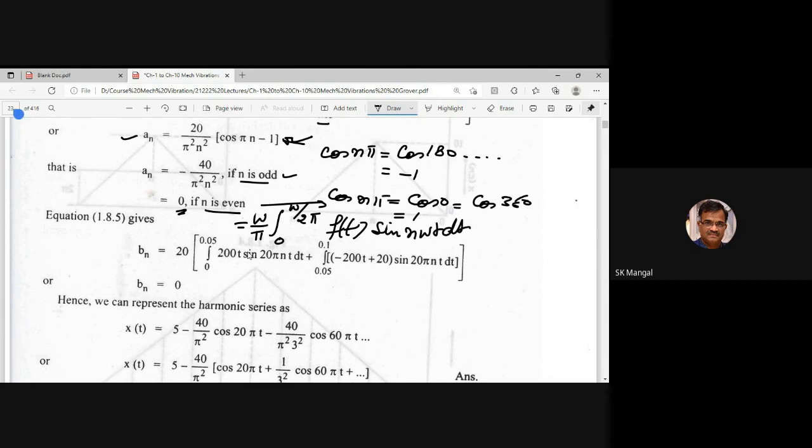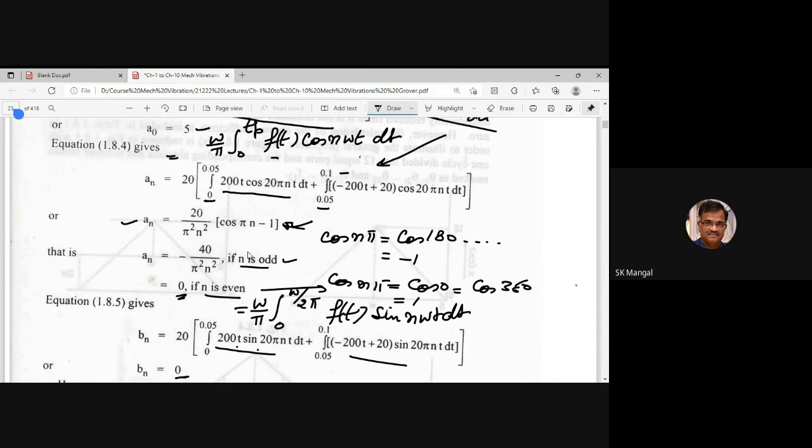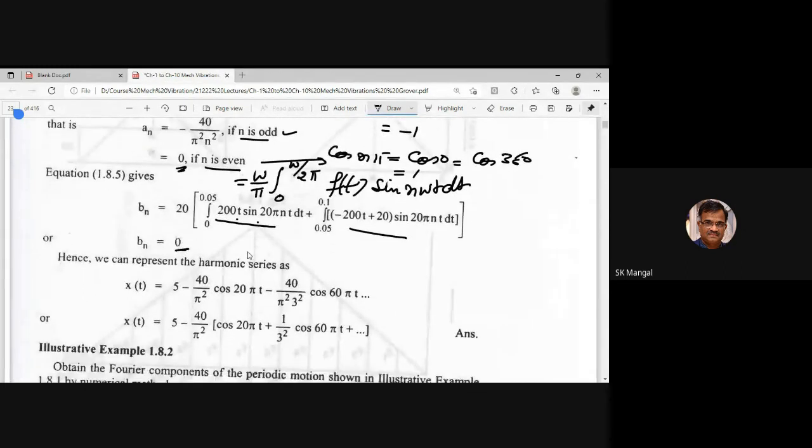So again you are having this integration here when you put the value of f(t) for the two subcomponents of Tp. Here again you can have integration by parts, and in both the cases you will be getting a zero value here. So it means b n will not be there. So the only terms in this periodic motion will be a naught, and a n for only odd numbers.